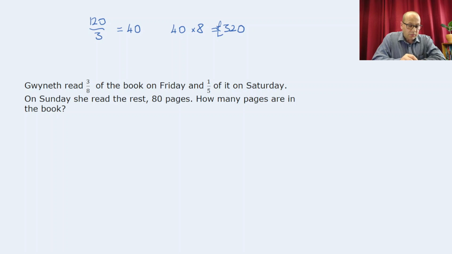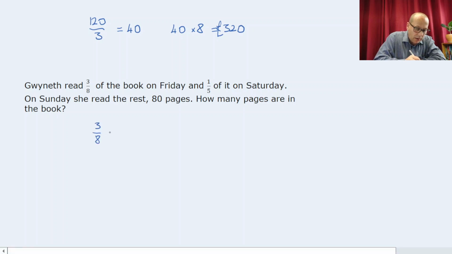Gwyneth read 3/8 of the book on Friday and a fifth of it on Saturday. On Sunday, she read the rest, 80 pages. How many pages are there in the book? First of all, let's add 3 over 8 and 1 over 5. The common denominator is 40.